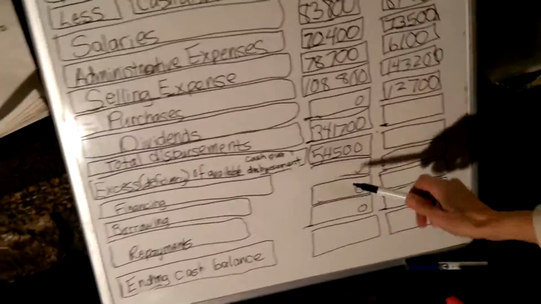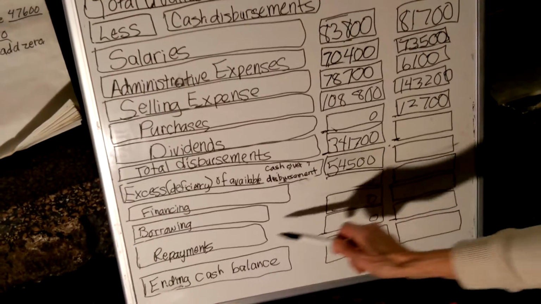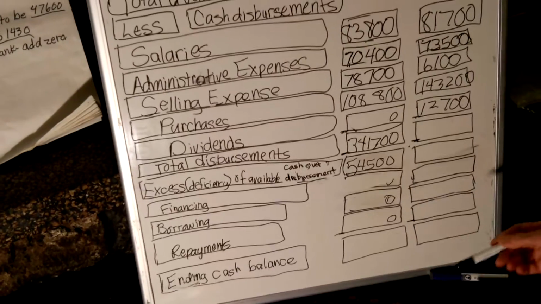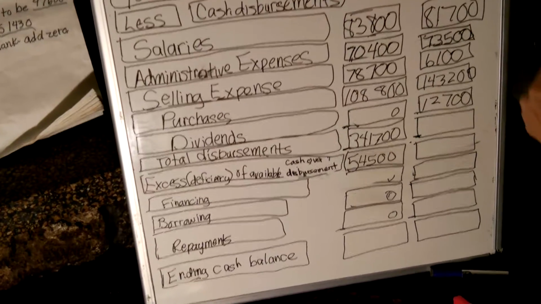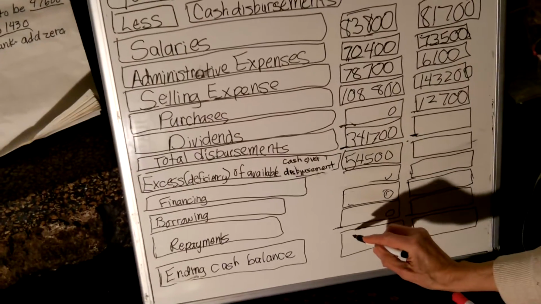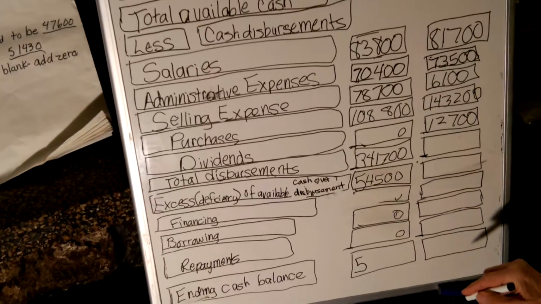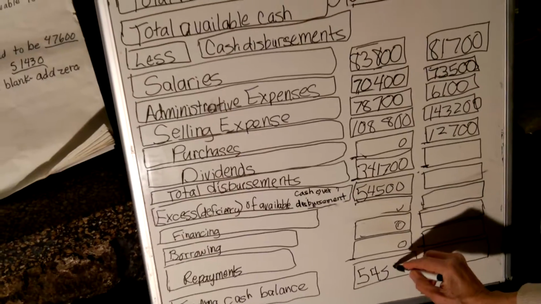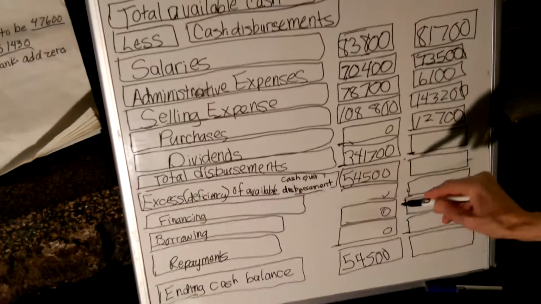Ending cash balance is going to be $54,500. This number is just brought down here because we don't have anything to do in there.